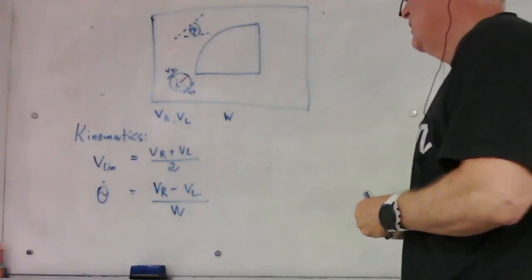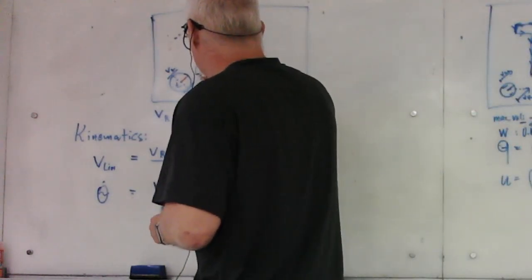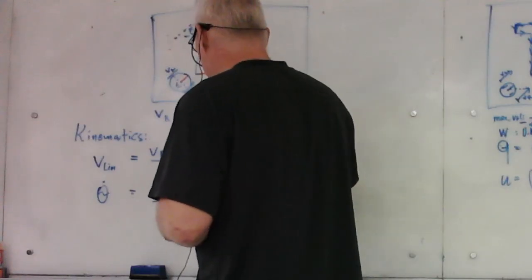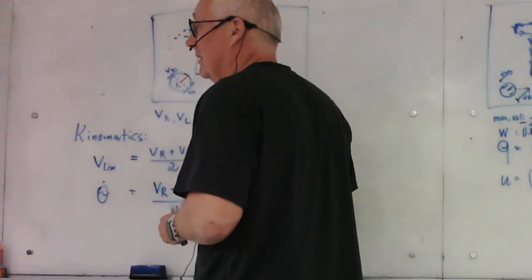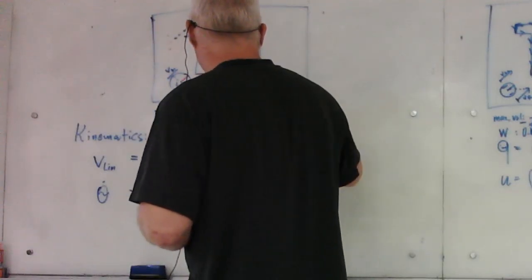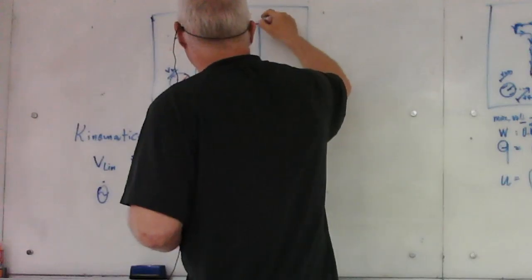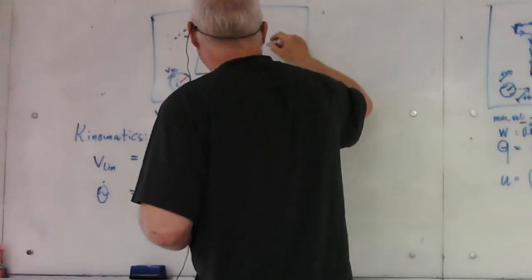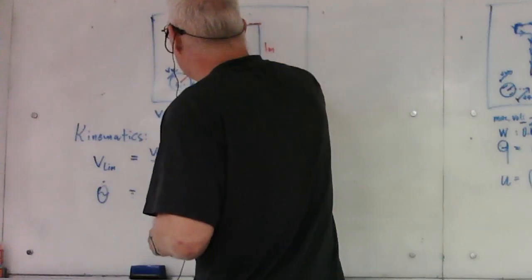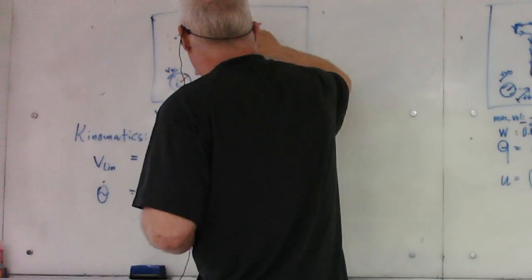So now, in order to solve this particular problem, you simply need to control VR and VL. Let's make this 1 meter. This 1 meter, and then this would be a quarter circle of radius 1 meter.